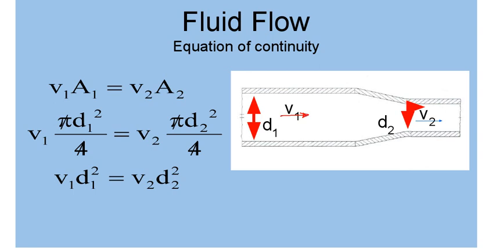I don't know what's going on with the red arrows here, but let's say this pipe chokes down. The velocity's got to speed up on that side. If I'm moving a certain amount of water through here, we call that the rate of flow.